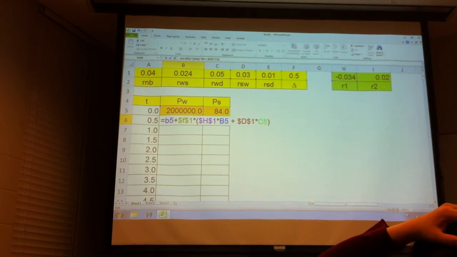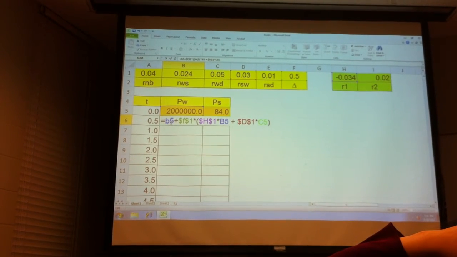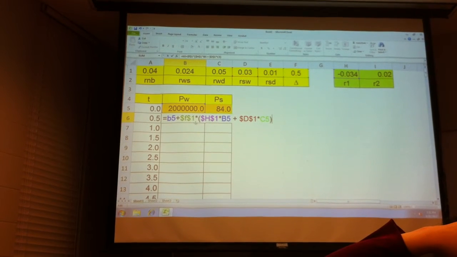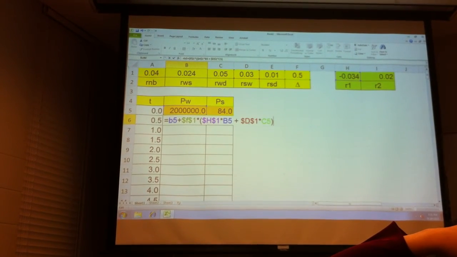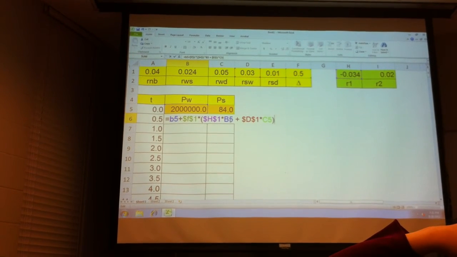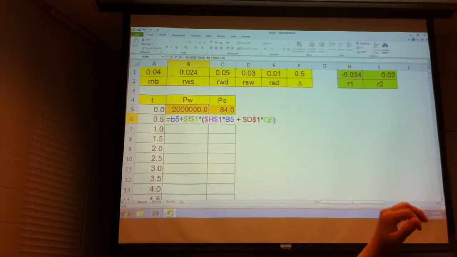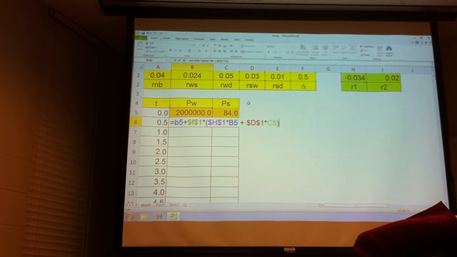Now, does this look like what I want? That's the previous, that's the population previously. There's my delta times R1, which is over here, times the previous population, plus dollar sign D1, that's the sick rate, times the previous population of sick people, because they're going from sick to well.